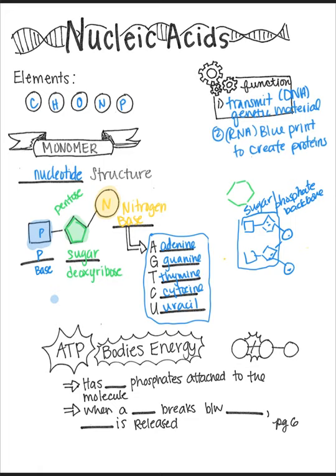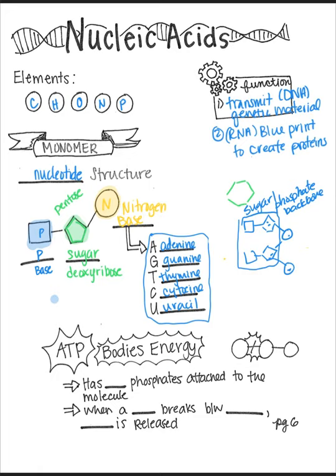Now, I've said over and over and over again that our body uses carbs and lipids to create energy. And our cells are using that glucose, C6H12O6, to break it down into several parts. And part of that is ATP, or adenosine triphosphate.